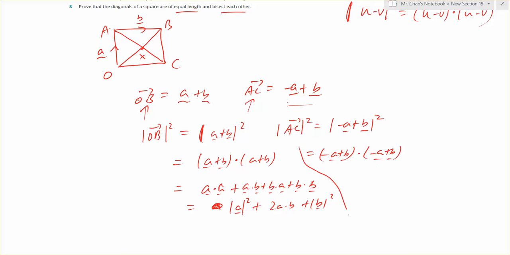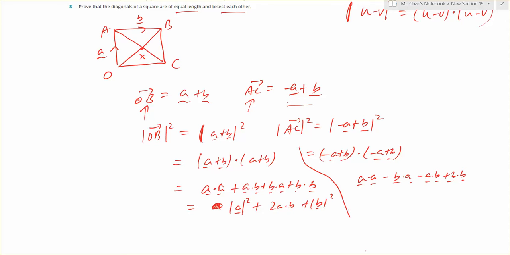Similarly, on this side, we've got A dot A minus B dot A minus A dot B plus B dot B.